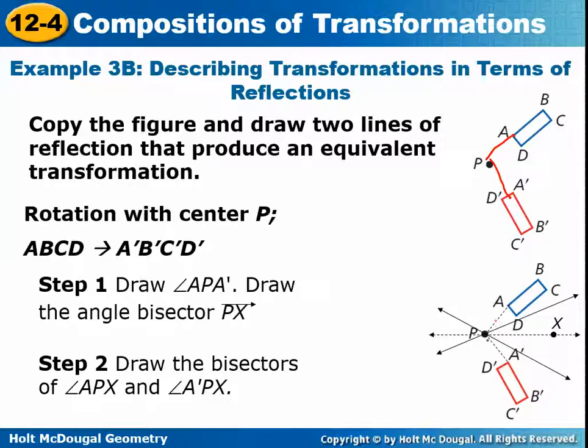So you draw that angle, and then you bisect the angles. And again, we learned that early on in this book. And then the bisectors of the 2 angles are the 2 lines of reflection. So this line and this line are our lines of reflection that would result in that rotation.